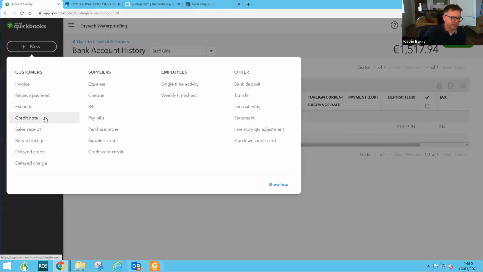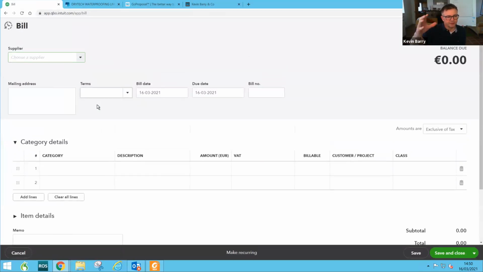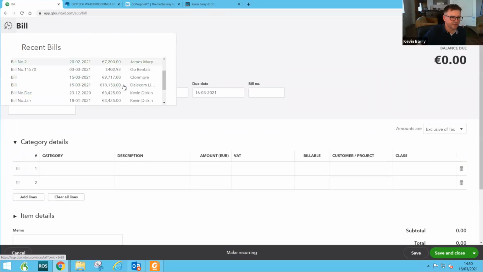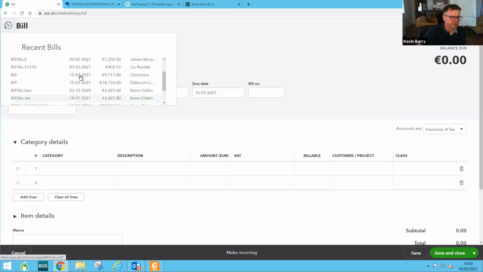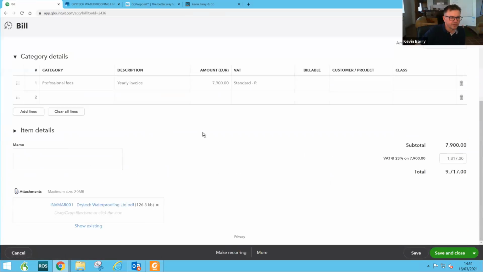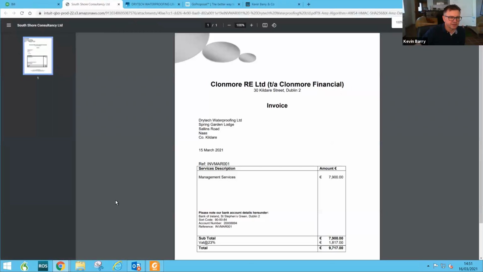There's a lot of allocating from the bank account. But really all the bills should go in with the VAT or even without the VAT on them, and then the money going out of the bank account pays them. So these are great now. There's a good few payments there coming out of the bank. They're just going straight into somewhere and the bill is with them. So I'll just click on this one out of the blue. Just scroll down. Yeah, that's great now. So let's click and see what's here.